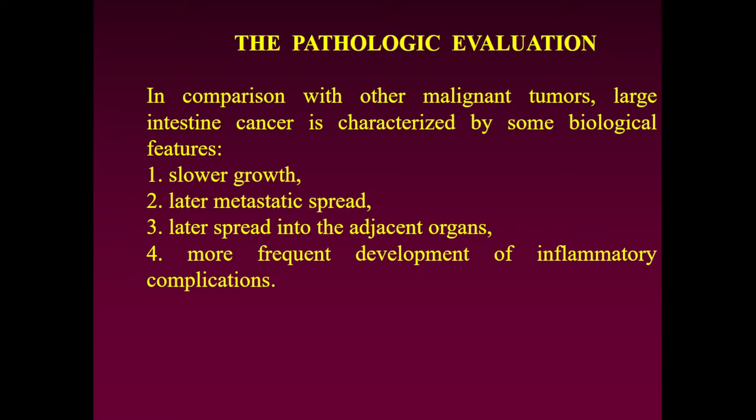We can say that the patient has a period of complications from the tumor, such as obstruction of the intestine, before any metastasis. Unlike in lung cancer, where the patient has distant metastasis before any complication.